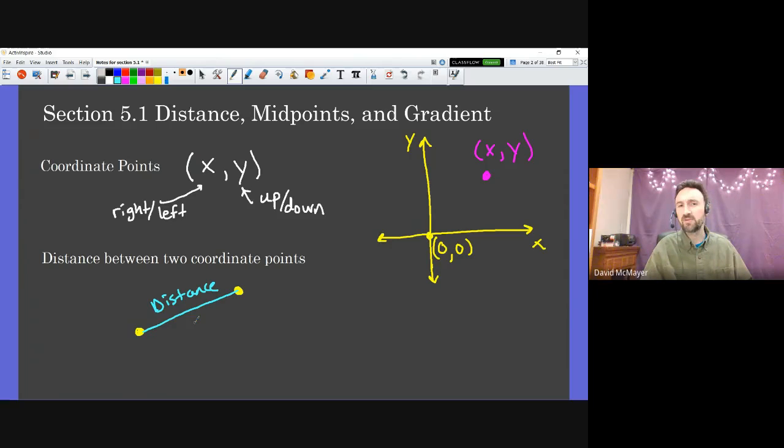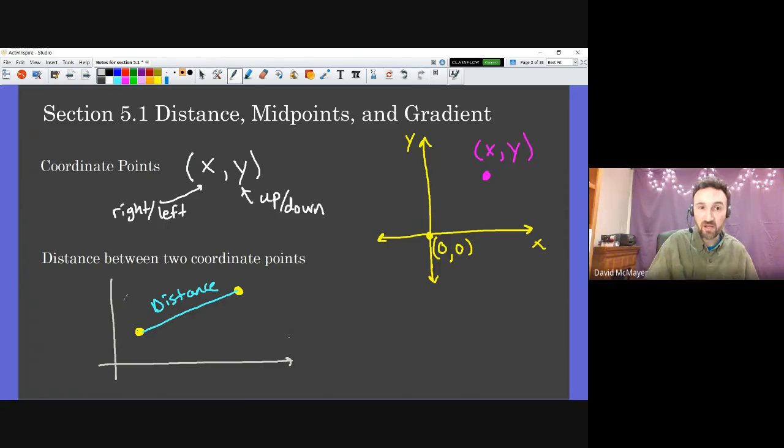To calculate that distance, we need to know something more about the location of those 2 points, specifically their location on a coordinate axis. So I'm going to draw in a coordinate axis with the y-axis and the x-axis. The 2 axes cross at (0, 0). That's usually a nice thing to put on your graph.